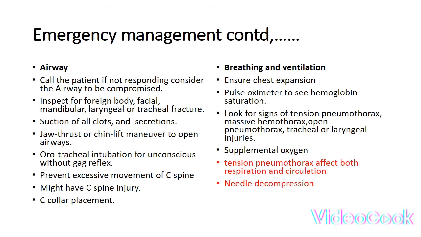Then there is massive hemothorax or open pneumothorax, and also tracheal or laryngeal injury. We say a patient has massive hemothorax when there is bleeding into the pleural cavity of more than 1.5 liters.